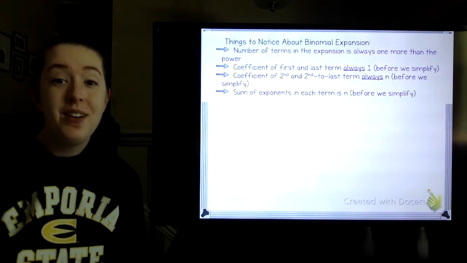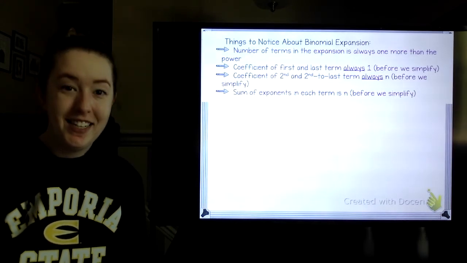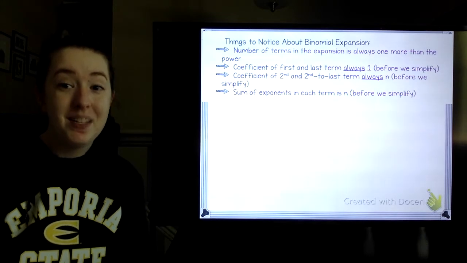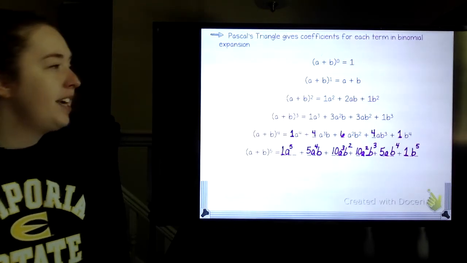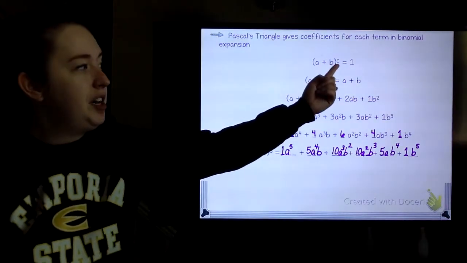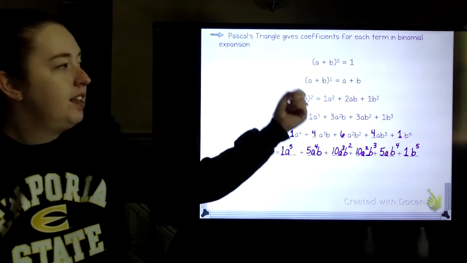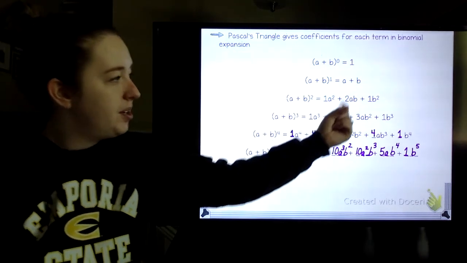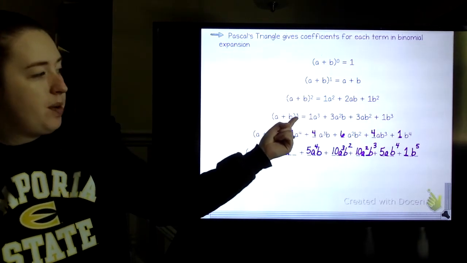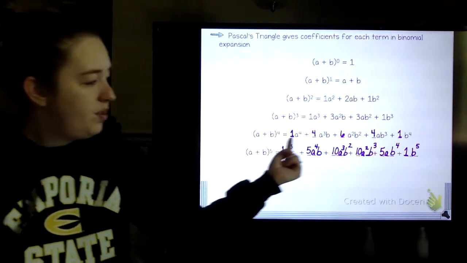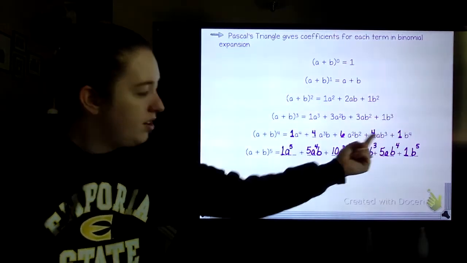So, things you should notice about binomial expansion. The number of terms in the expansion is always one more than the power. Let's double check this. In the 0th row, we had 1 term. In the first row, 2 terms. In the second row, 3 terms. Power 3, 4 terms. Power 4, 5 terms.